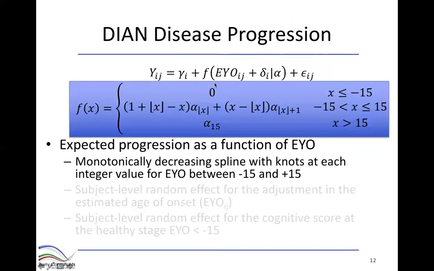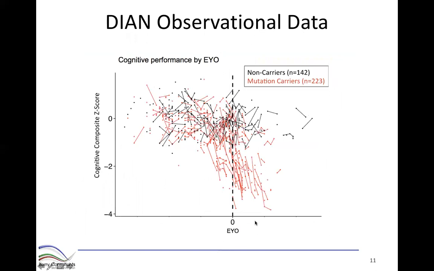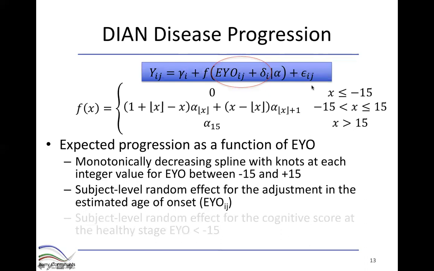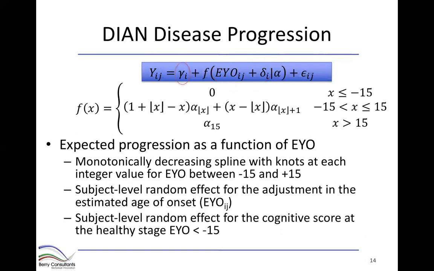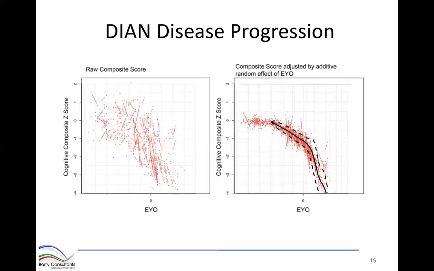As I mentioned before, we have an a priori EYO for each subject based on when their parent developed it, and we can have a delta i for each subject, moving them left and right on the x-axis to when the model actually believes was their time of onset. We also have a subject-level random effect for how a subject does on the cognitive scoring at healthy. Some subjects may do better on average on these scores, and some subjects worse.